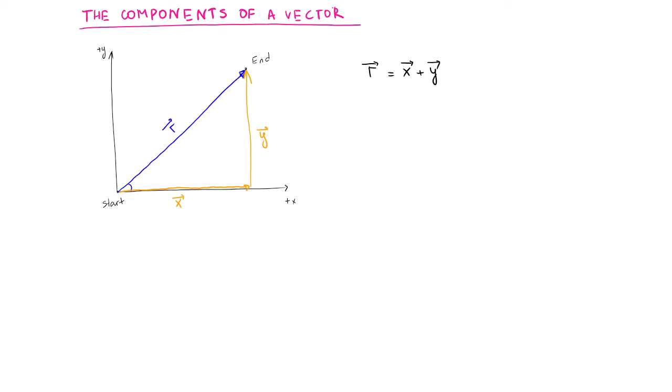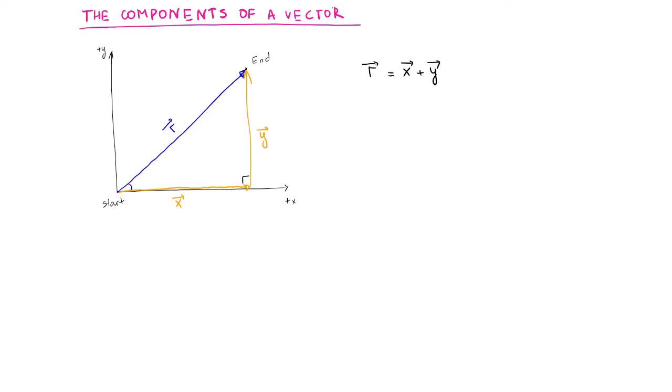The other feature is that x and y are not just any two vectors that add together to give the original vector r. They are perpendicular vectors. The perpendicularity is a valuable characteristic, as we will see soon.